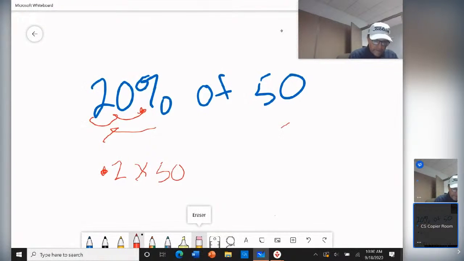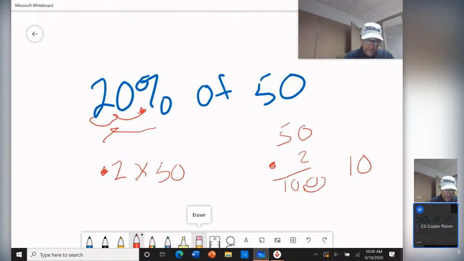So if we do 50 times 0.2, 2 times 5 is 10. And we move the decimal 1 point. So the answer would be 10 because it's 0.2. So if we move the decimal down, you get 10. Okay. So 20% of 50 is 10.